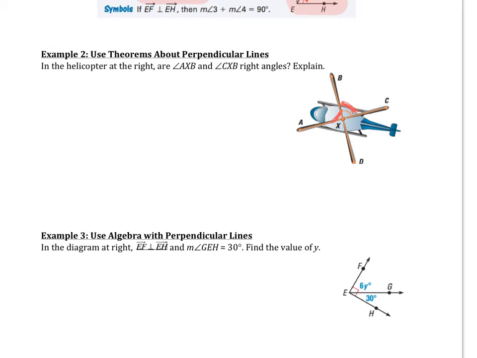So we have two lines that intersect to form adjacent congruent angles.